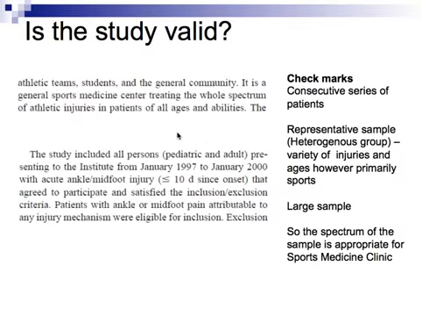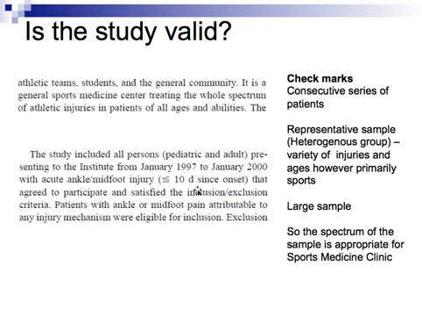Okay, and if we look at some of the other check marks here, this particular environment has athletic teams, students, general community. Is the General Sports Medicine Center treating the whole spectrum of athletic injuries in patients of all ages and abilities? The study included all persons, pediatric and adult, presenting to the Institute from these dates with acute ankle injury within 10 days.